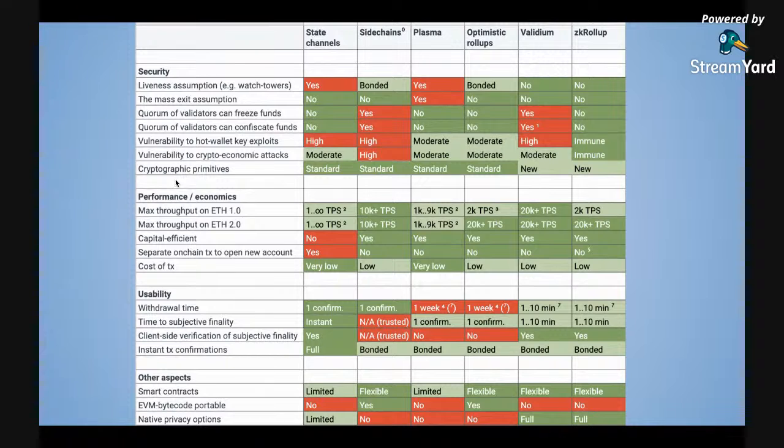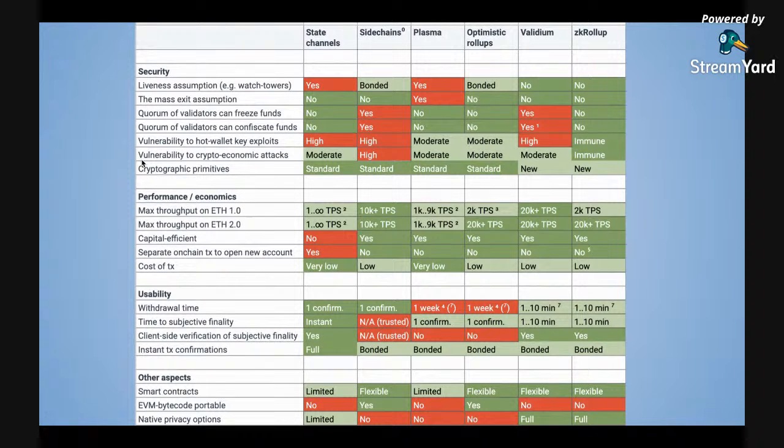Therefore the security vulnerability is quite high, because it's not directly within your computer. It's more centralized to a server that's running permanently. Sidechains as well, depending on which sidechain. Plasma and Optimistic rollups moderate, Validium high, and then ZK rollups are immune to hot wallet key exploits.